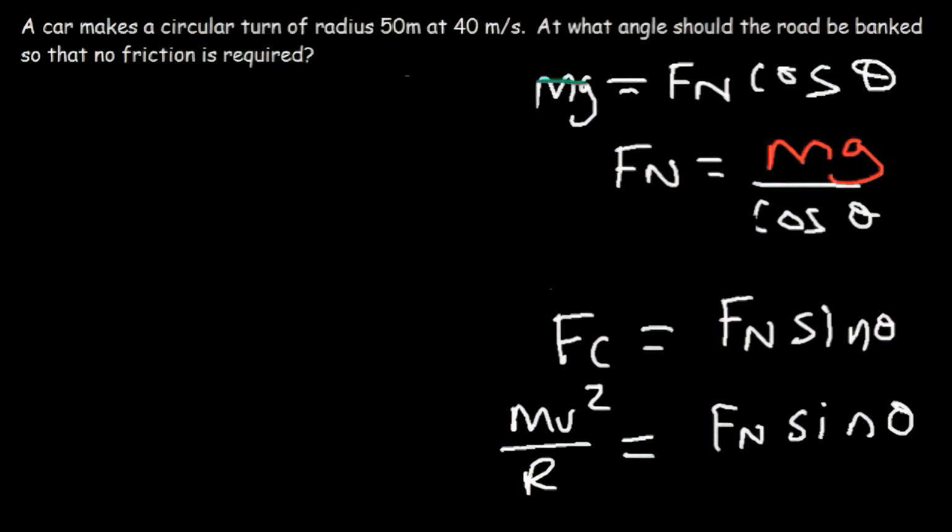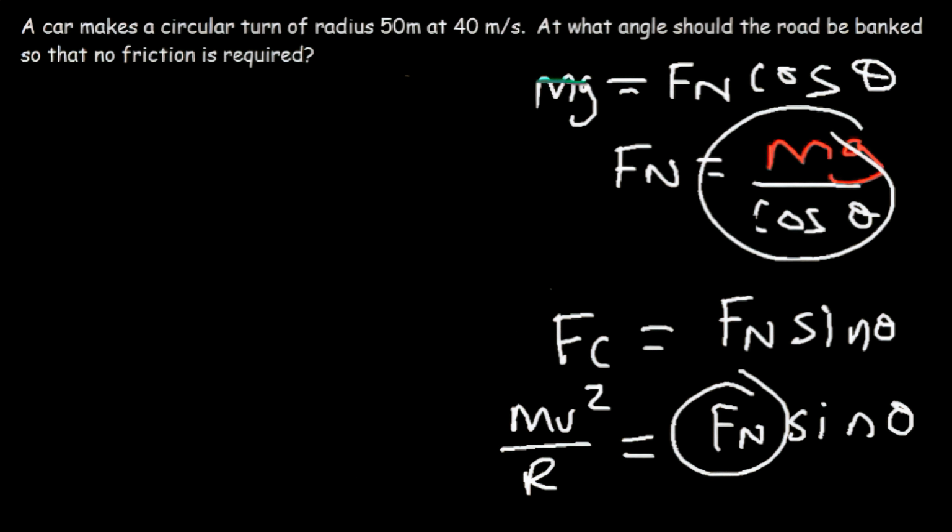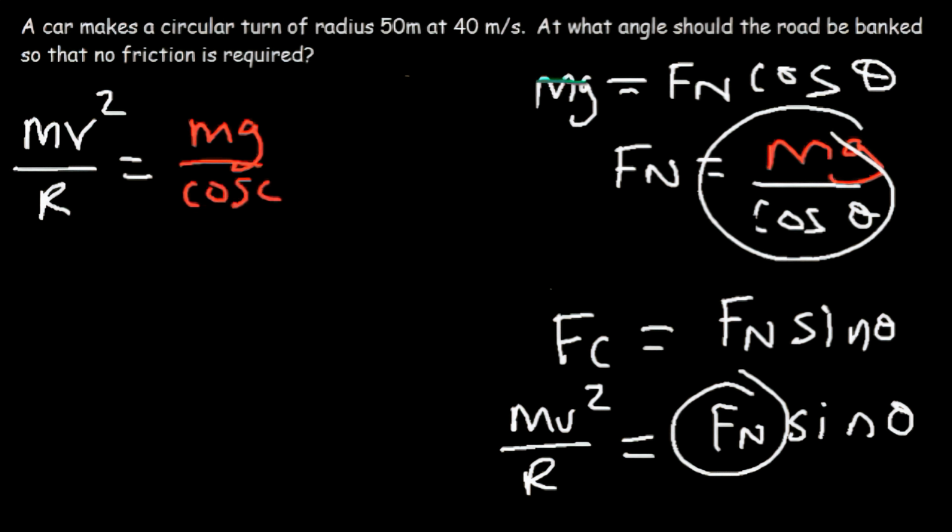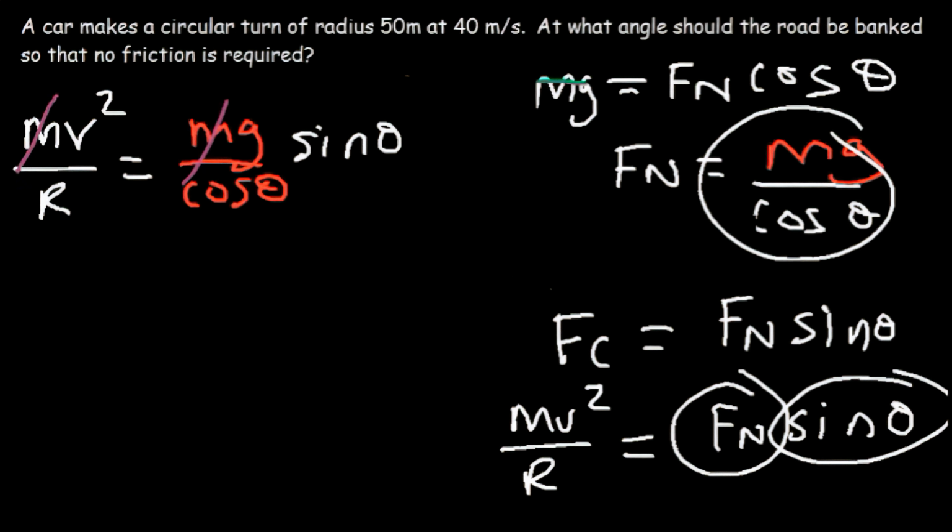So what we need to do is replace the normal force with mg over cosine theta. So mv squared over r is equal to mg over cosine theta times the sine theta. So if we divide both sides by m, we can get rid of it. So it's v squared over r, and sine divided by cosine is tangent.